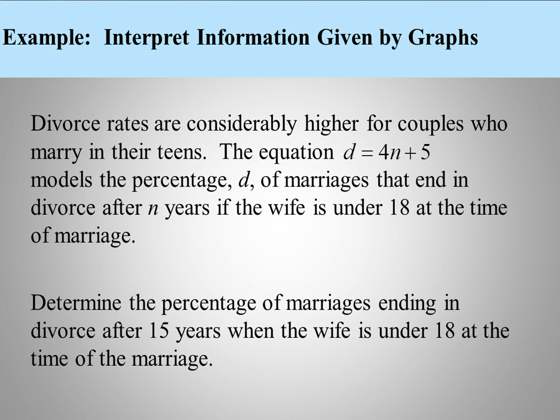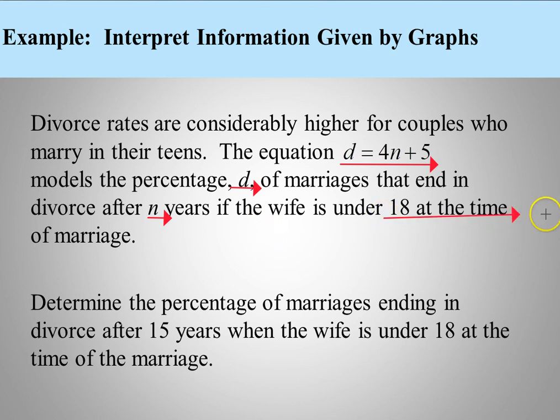All right, divorce rates. How do we interpret given information from the graph? Divorce rates are considered high for couples who marry in their teens, and that is given by the equation D = 4N + 5, where D stands for the percentage of marriages that end in divorce after N years, if the wife is under 18 at the time of the marriage.